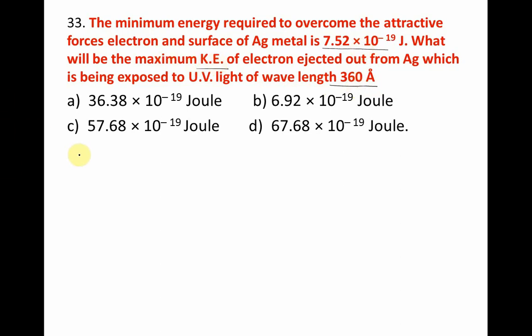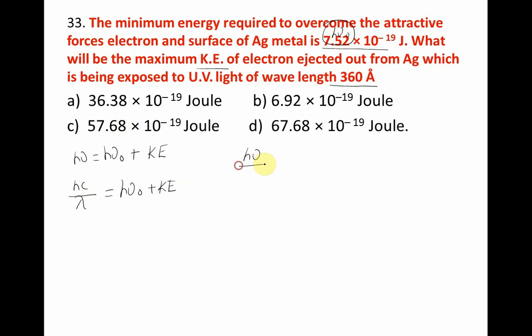So for this we have an equation, h nu is equal to h nu naught plus kinetic energy. So h nu, which is nothing but hc by lambda, is equal to work function h nu naught plus kinetic energy. This h nu naught is completely given, therefore there is no need to find it.